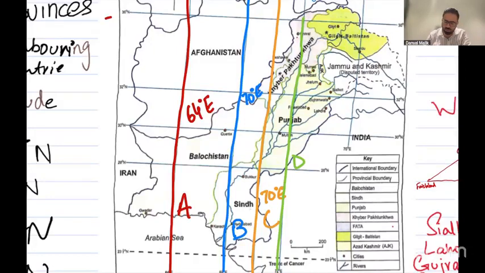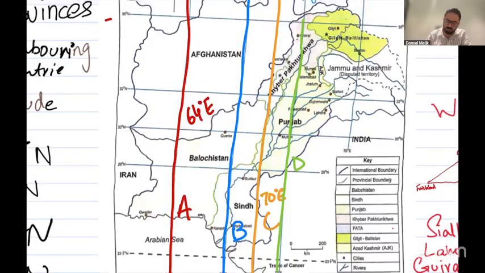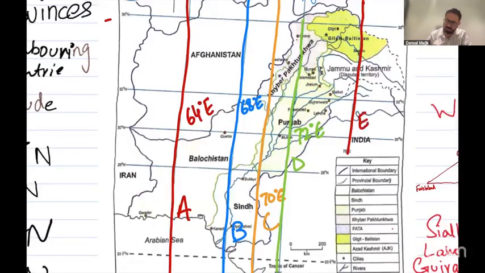No, I made a mistake, sorry. This is not 70, it was 68. And D is going to be 72. And then the last one, which is line E, this is going to be 76 degrees east.